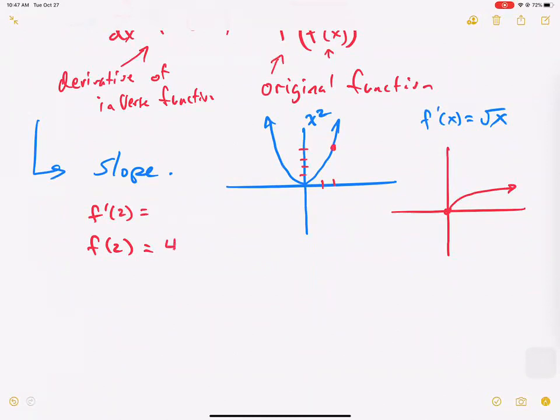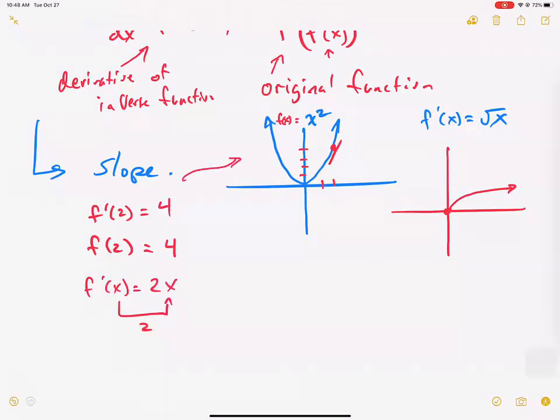So f of 2 is 4, and the derivative, the slope at 2, the derivative of x squared is, we said, f prime of x is 2x. If I plug in 2, that becomes 4, where f is x squared.